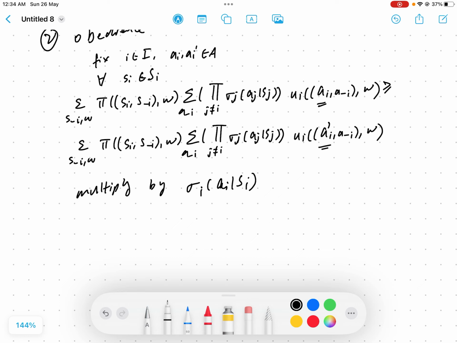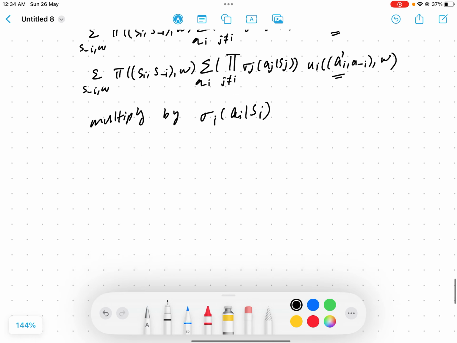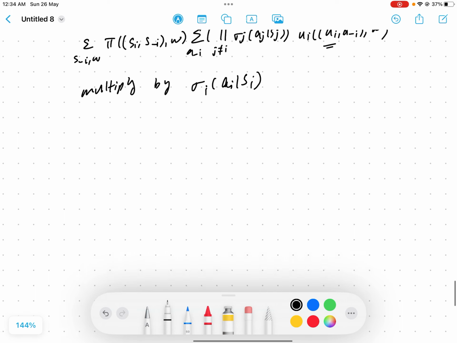Then after that, the s_minus_i become s for those summation terms, notations. And after that, the above becomes as follows.